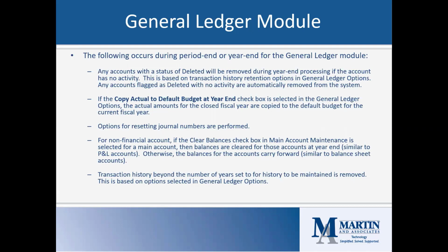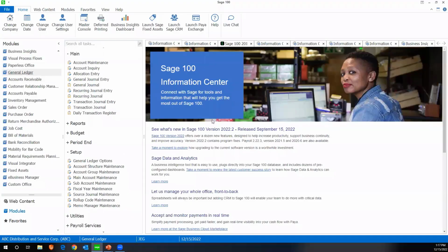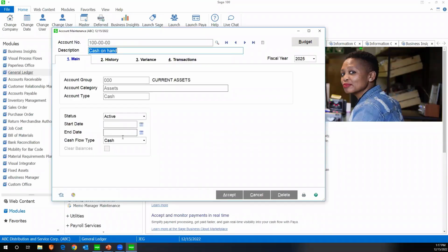So what this means is when you're on a GL account, there is a status field here where an account can be active, inactive, or deleted. Okay, if you flag an account as deleted, it won't let you process any data to that account.